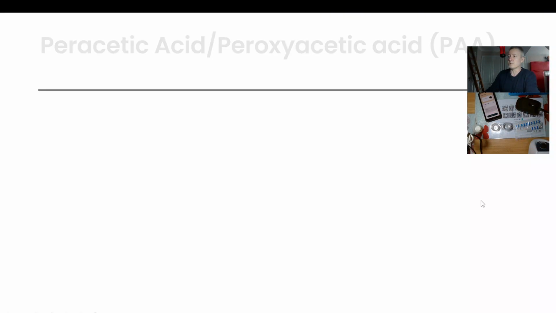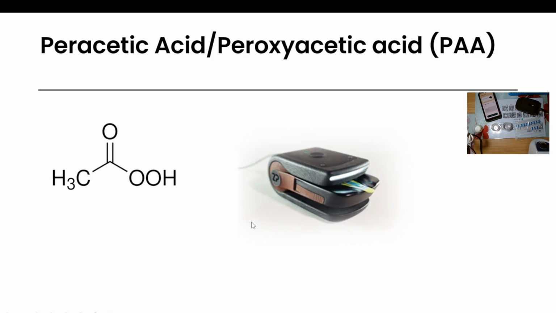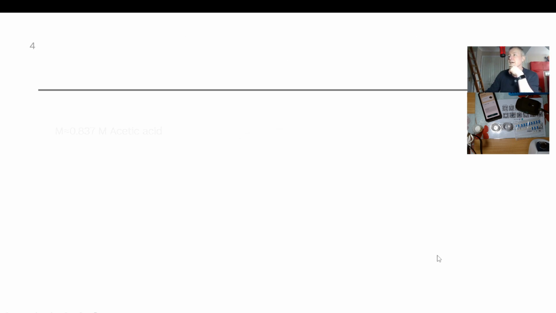Just a couple of slides to introduce the science a bit more. This is about peracetic acid, or peroxyacetic acid, or PAA as it's often called, at least online. Not that it really matters, but it's an acetic acid with a peroxy group instead of what we sometimes call an OH group.